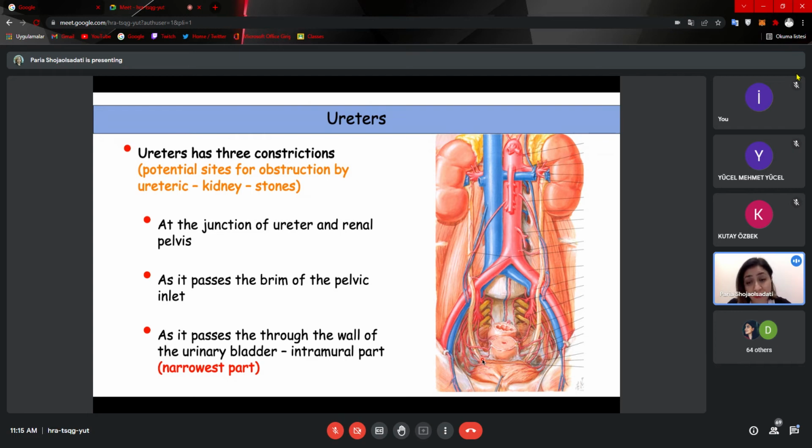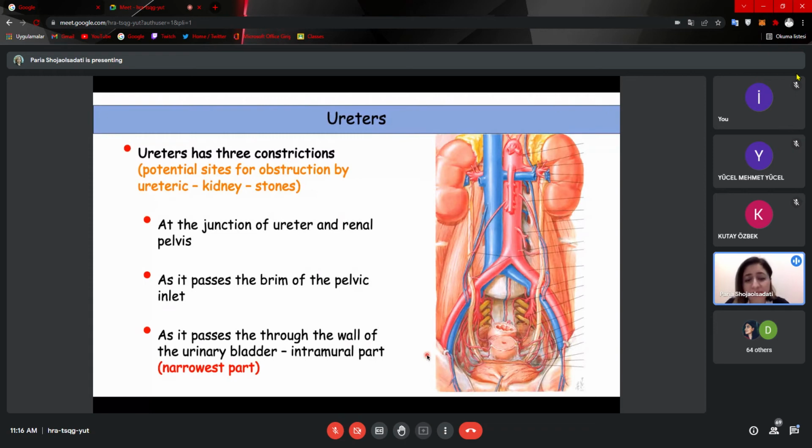The transfer of the stone through this tube is painful, more painful, and it generally closes this narrowest part, and this narrowest part is generally checked in the patient after the pain by use of sonography.